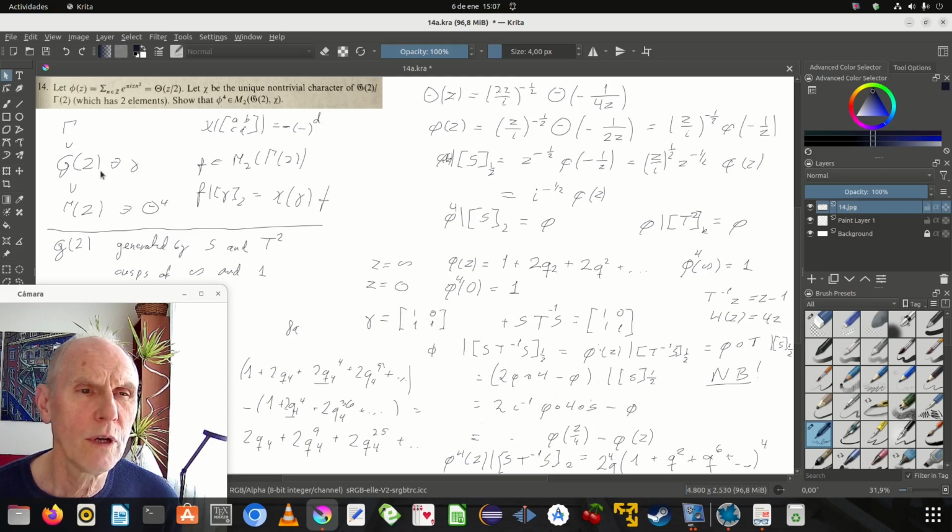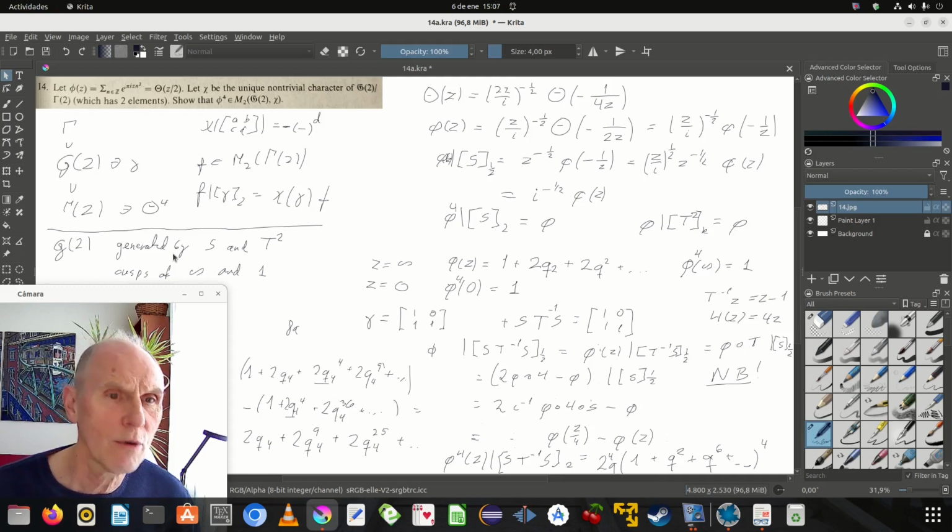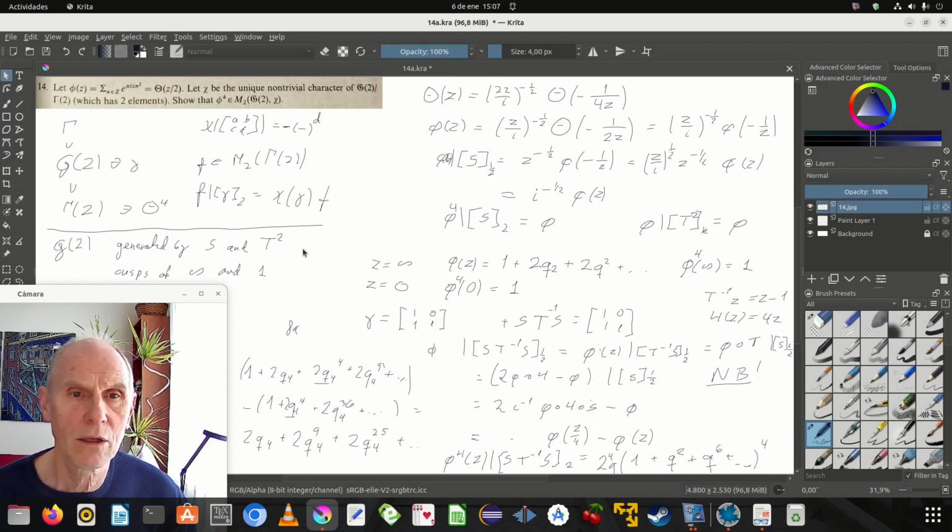So the only problem, now I forget the generator of the group here. Why didn't I write? Oh, it's here. It's s and t squared. We know it's invariant under t squared, so it's just s that is the problem, but we already have that.